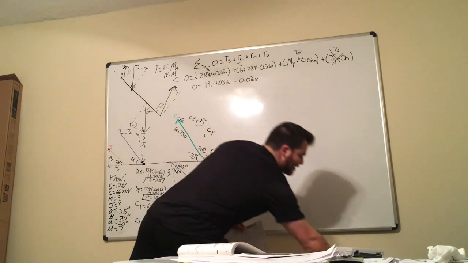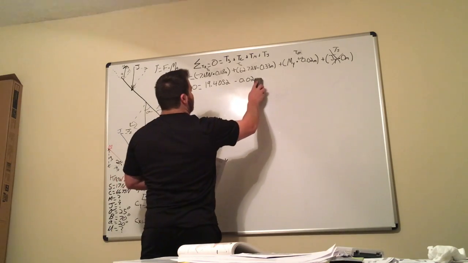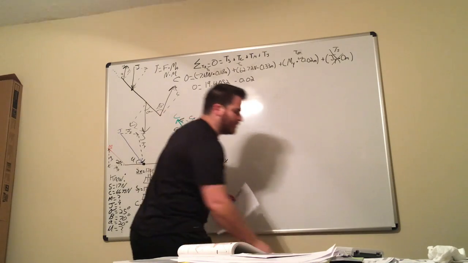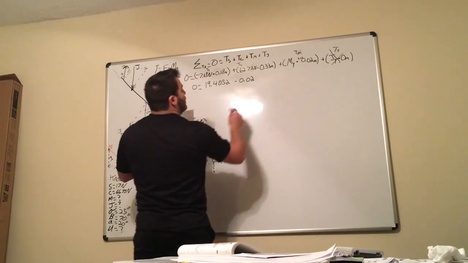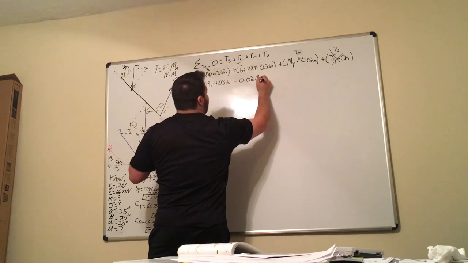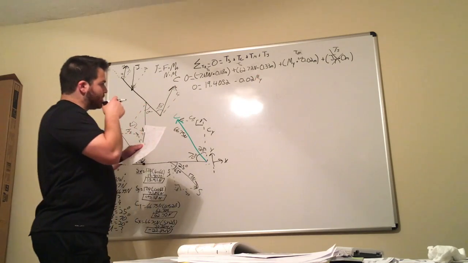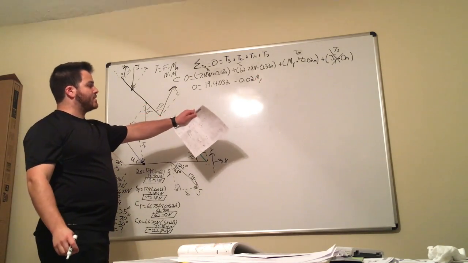I'll erase that just so nobody gets confused. X is just a variable, that's what I just wanted to call it, but m of y. Okay, so that's when we combine like terms.